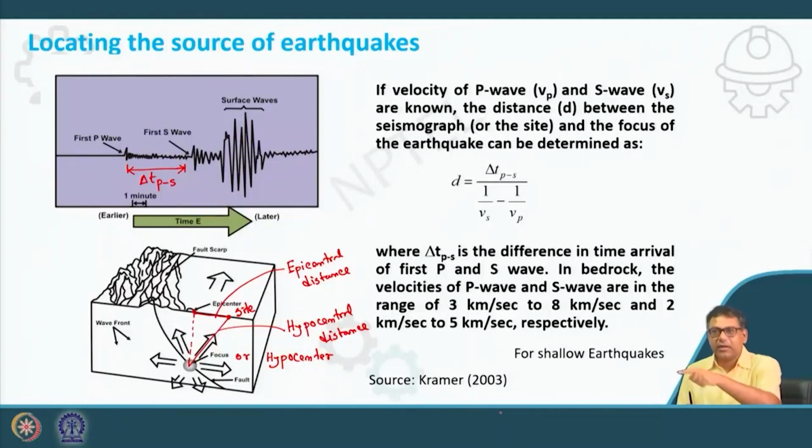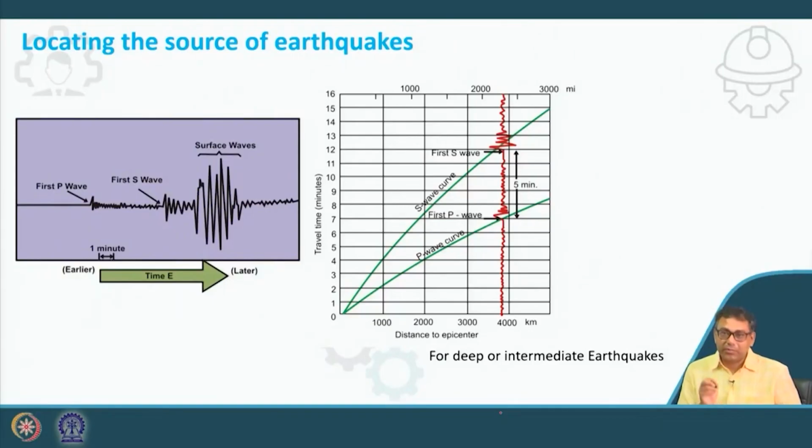If I draw a circle taking the site as center and the distance from the epicenter to that site as radius, the earthquake location can be any point on that circle, but I don't know which point. So to exactly locate the epicenter, I have to take the help of at least 3 seismograph data.